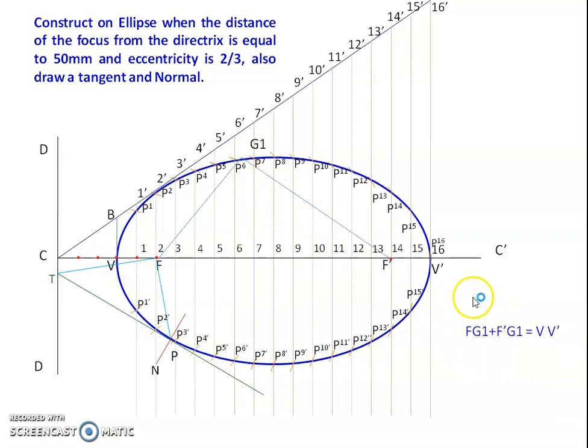Not only here, wherever you draw and join lines to the curve, the sum should be equal to VV dash. If the distances are correct, then in the ellipse curve it should be equal. So this is the construction of the ellipse by the eccentricity method.